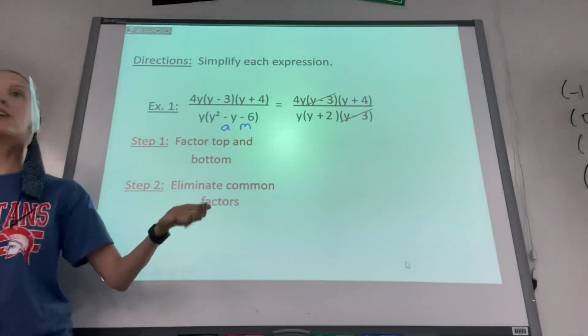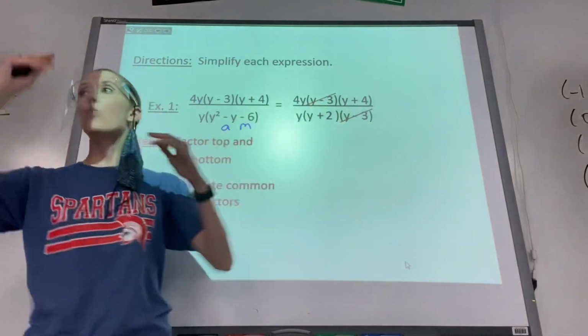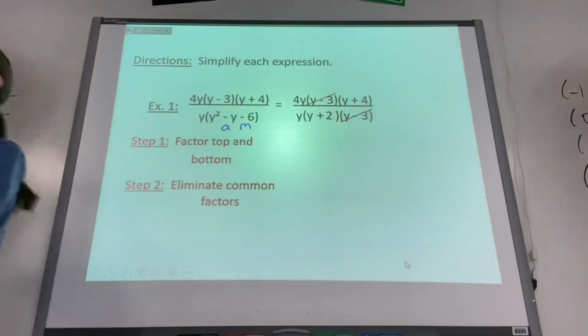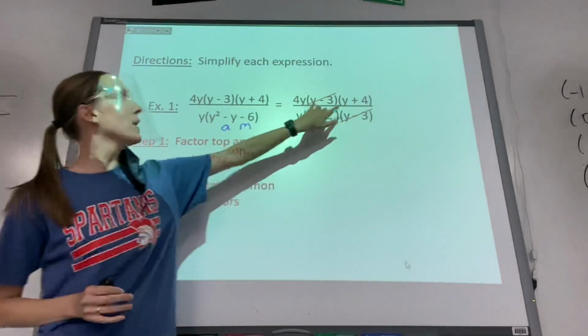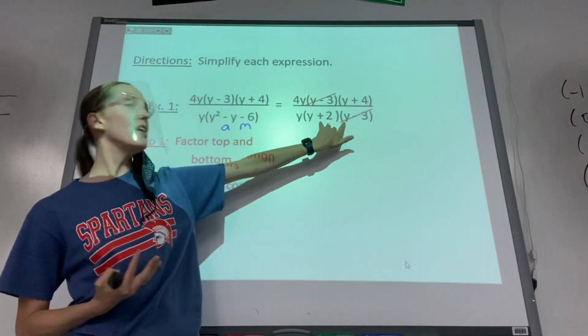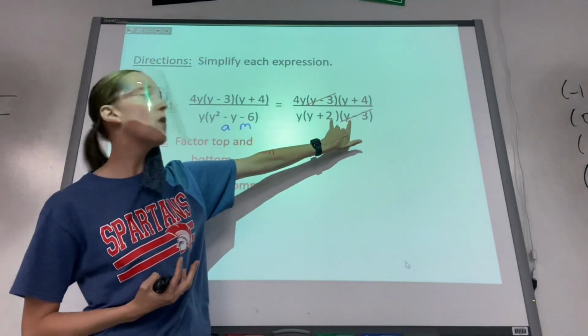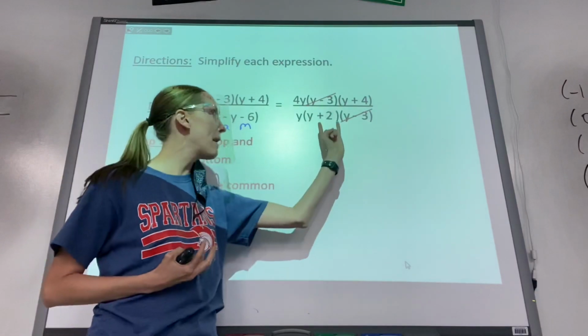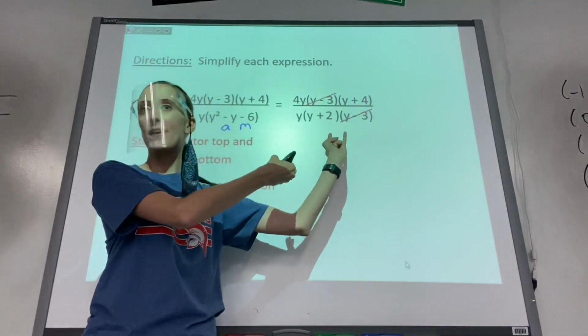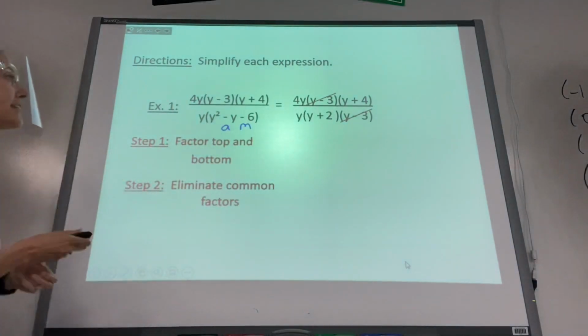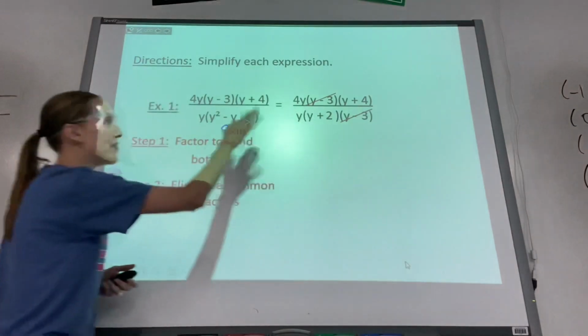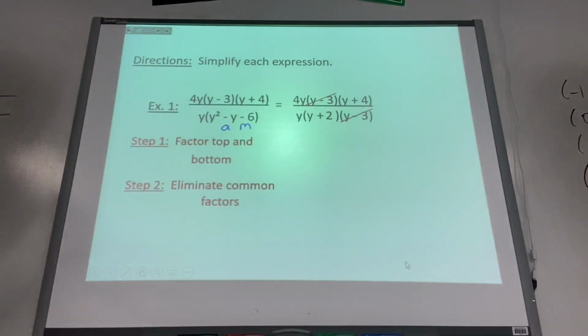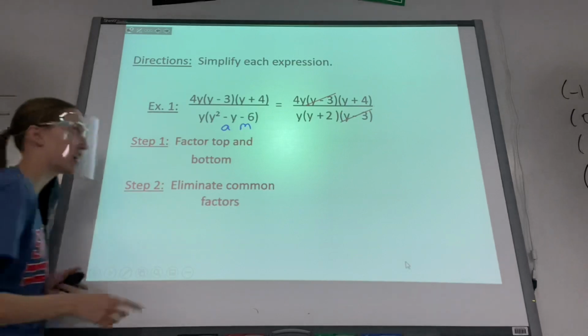Now, if you're concerned that they weren't right on top of each other, it really doesn't matter. Multiplication is commutative. I could have put right here y minus 3 times y plus 2, and then it would be up and down, but it doesn't matter. As long as you've got the same thing on top and bottom, that's a common factor.